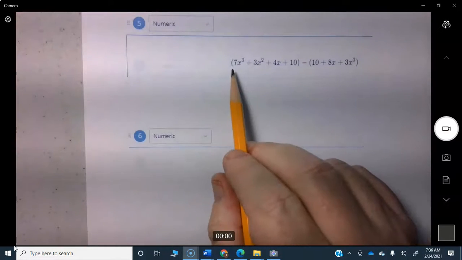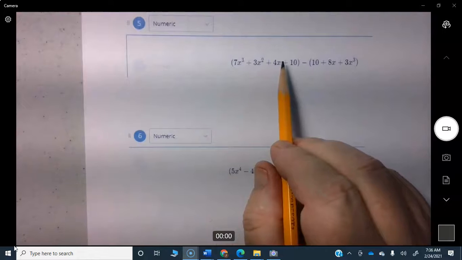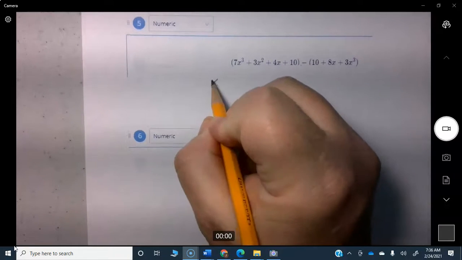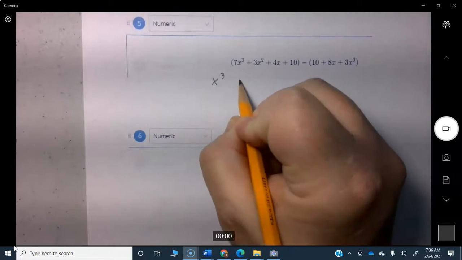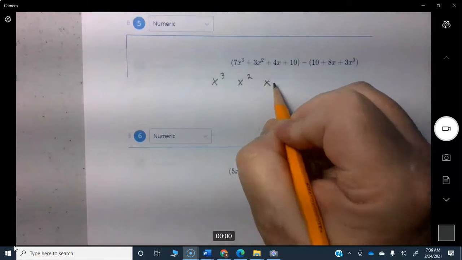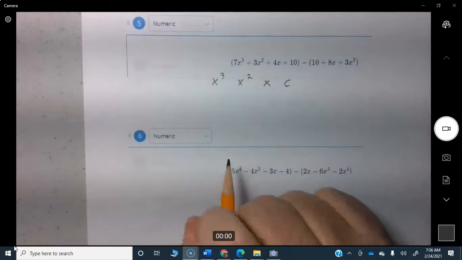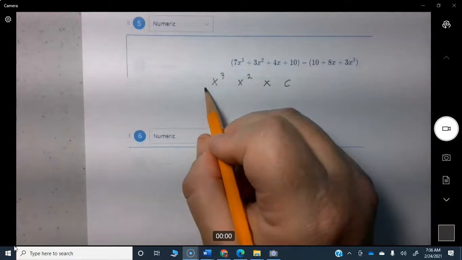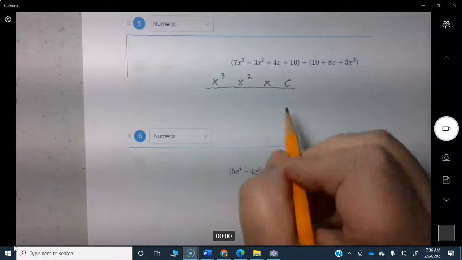So first thing I'm going to do is I look for the largest exponent, and it's this x to the third. So I'm going to make my columns. Okay, x to the third. That's just to keep you organized here.